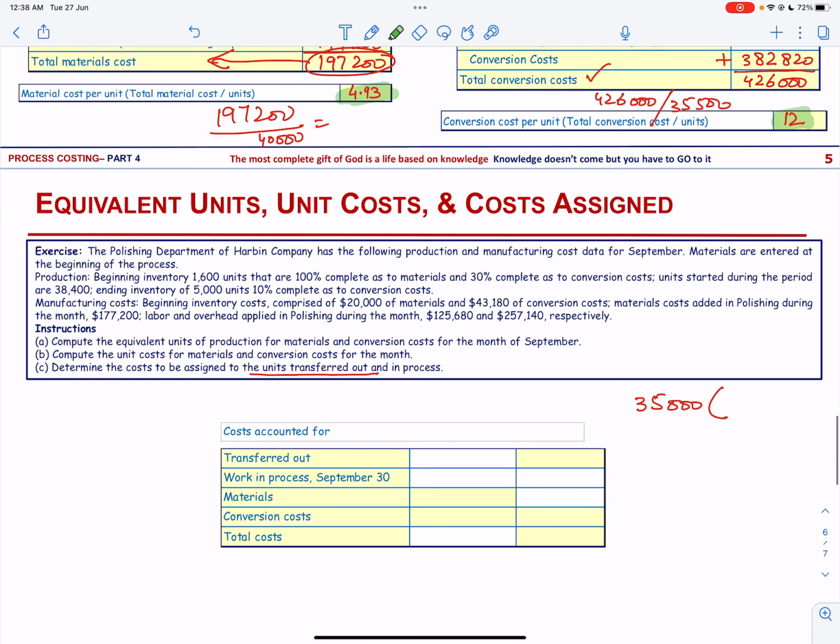So 4.93 plus 12, and this will be equal to 592,550.